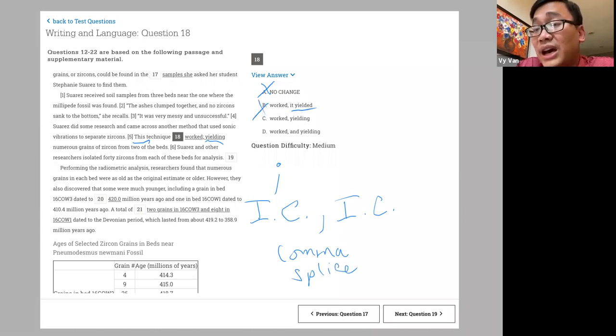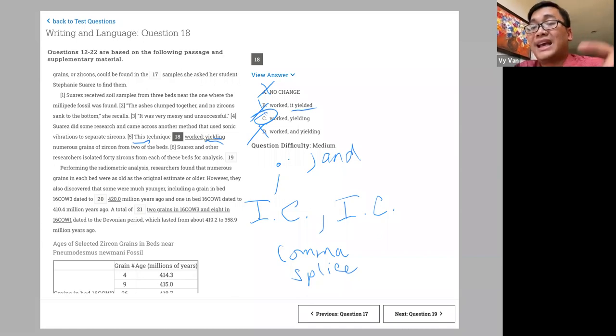And again, I told you guys this already, when you use a comma, so D is wrong as well. Why? Because a comma and a conjunction or FANBOYS has to have two independent clauses, and yielding something is not an independent clause. So the answer is C. And all of this, yielding all that stuff, is just extra information. Okay, you don't need it there.